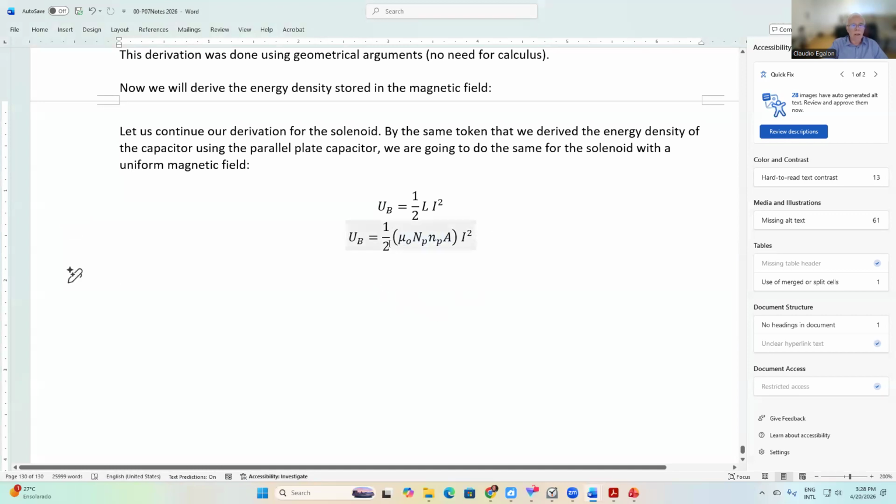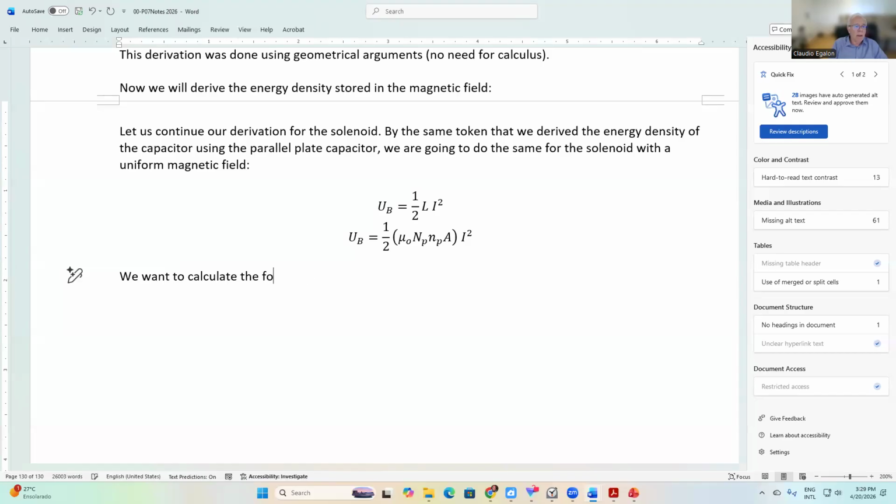Don't lose sight of what we want to do. We want to calculate the following: delta UB over delta V. That's what we want to do.